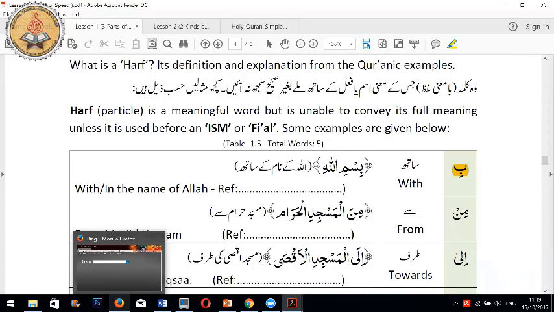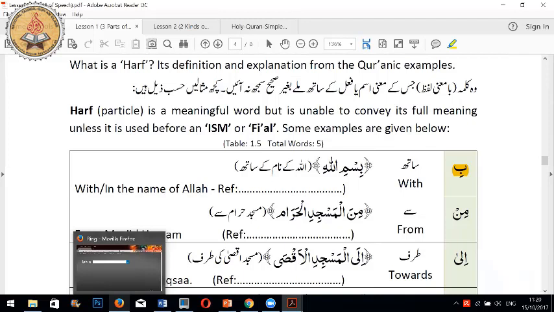Bismillah. These are the very first two words. Bismillahir Rahmanir Rahim. Now, the translation given is, B means with, slash in the name of Allah. Because in idiomatic translation we use in the name of Allah, not with the name of Allah.